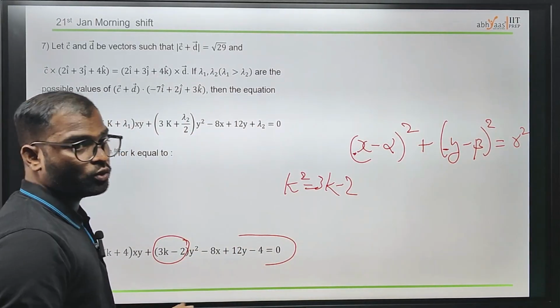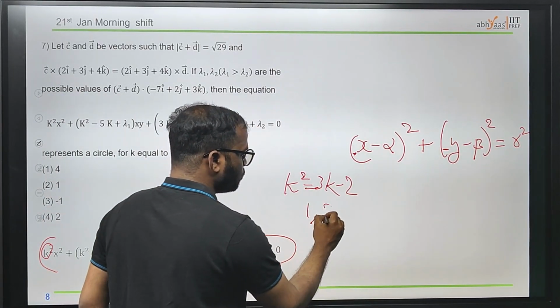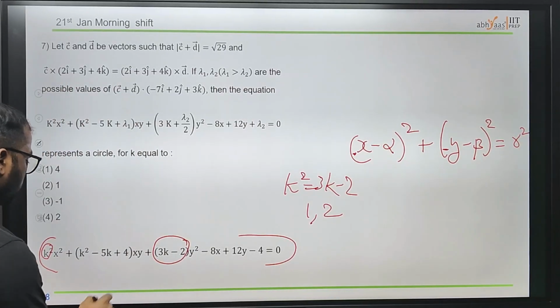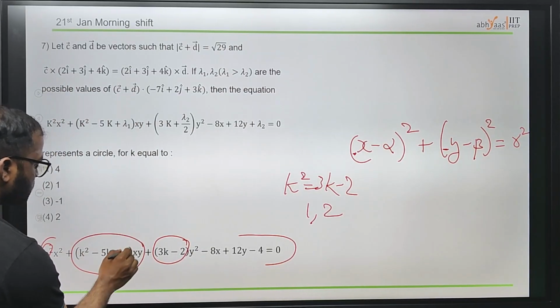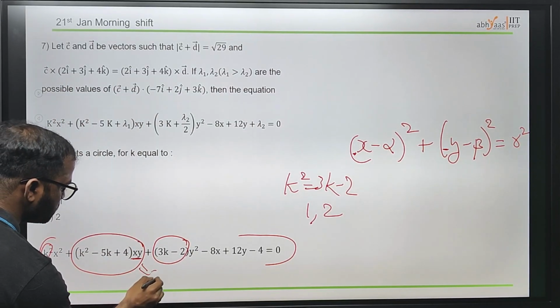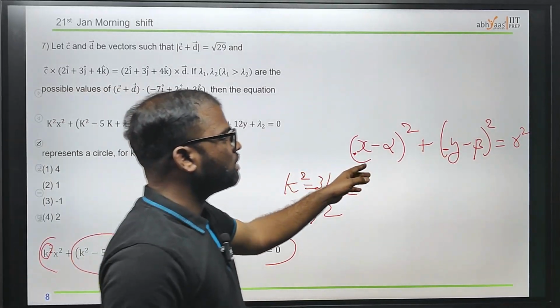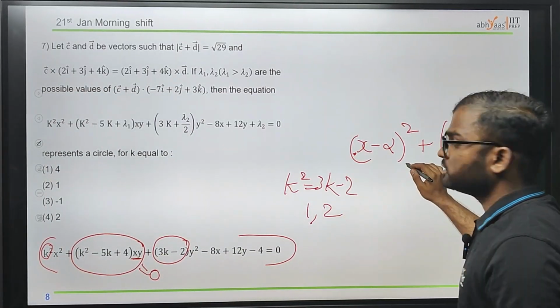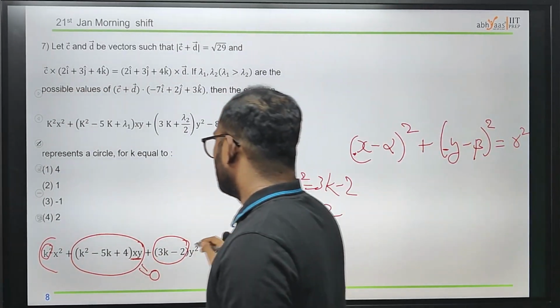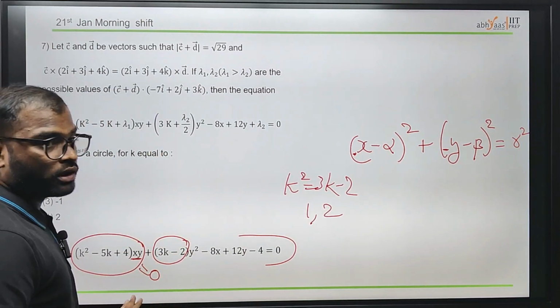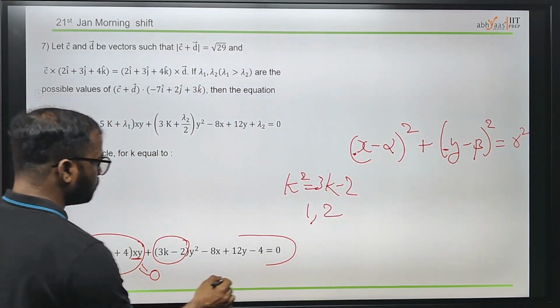From this we will get two values, 1 comma 2. And in the circle equation the xy term will be 0, because if we simplify this expansion the xy term is 0. For that reason we make it 0.